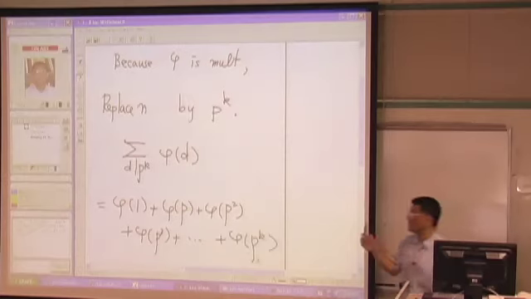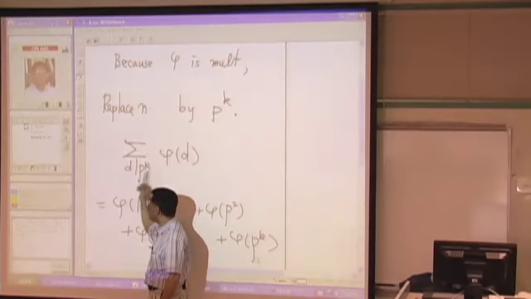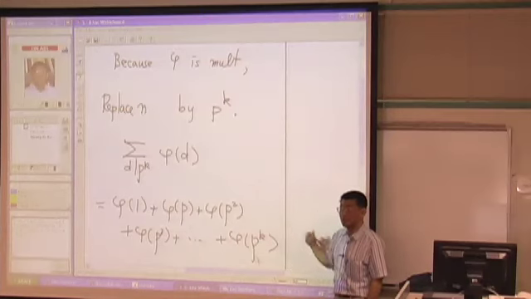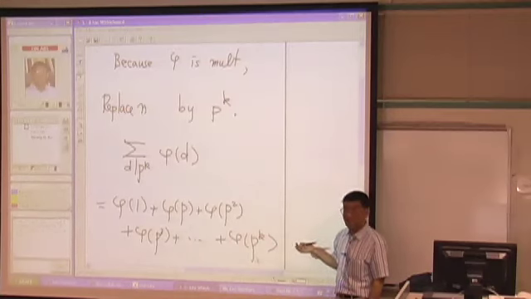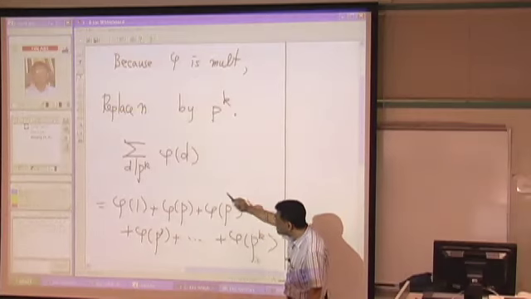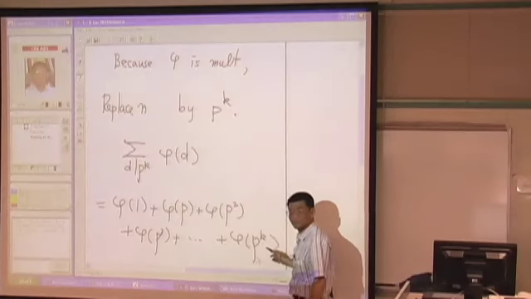So these are possible divisors. We are summing over all possible divisors: 1, p, p squared, up to p to the power of k. For general n, finding these things is very difficult, almost impossible. But for p to the power of k, as you can see, there is a very straightforward pattern.